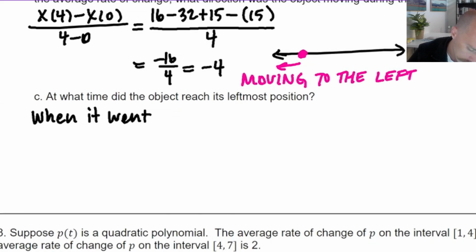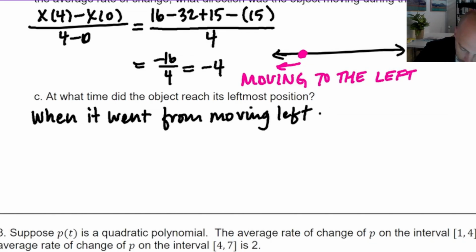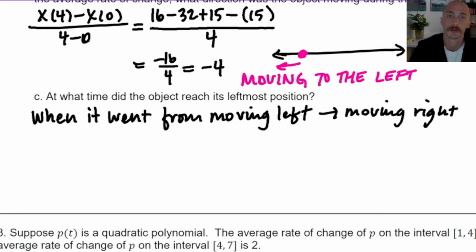Okay, when it went, I was going to start to say moving left to moving right, and that's still true, so I'm going to write that out. And so we could think about that as when x went from decreasing to increasing, and that is what's going to happen if you think about the graph of x of t being a parabola.